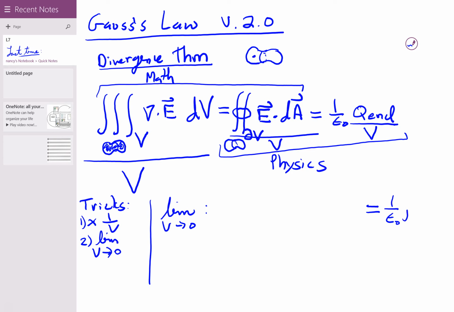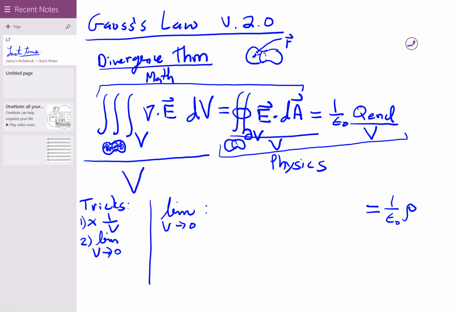The charge density rho. But the neat thing is, the way I'm taking the limit is I'm shrinking my volume down to this one mathematical point. I might as well give it a name. I'll call that point R. It's some location in space. I'm shrinking it down to that one specific point.